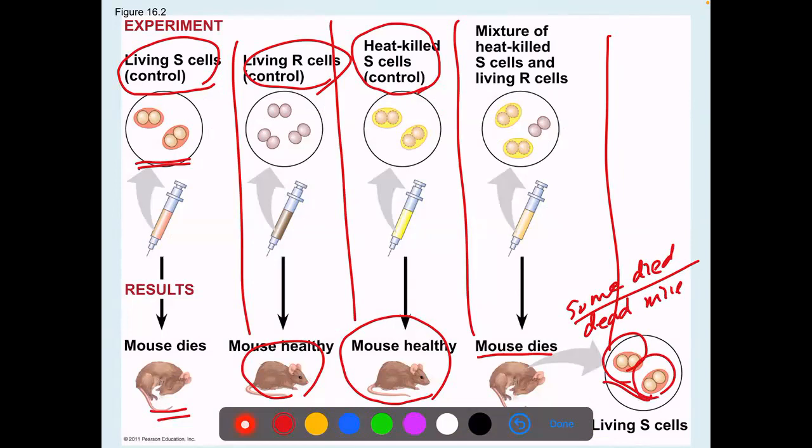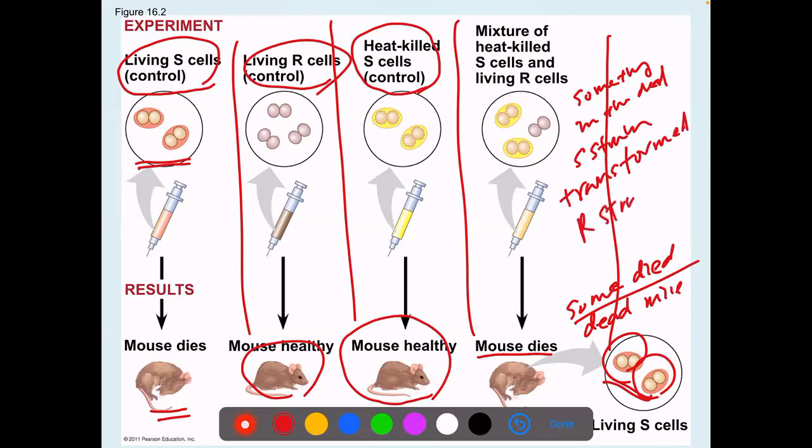So that is what their conclusion is: something in the dead S strain transformed R strain to S strain. So that is their conclusion. Okay, so that is what they found. Okay, and I'm gonna move to the next one.